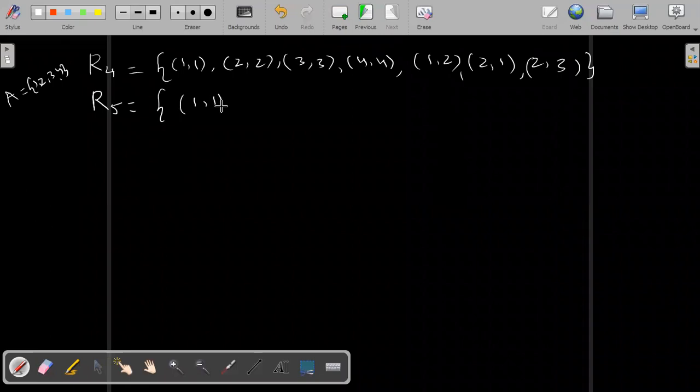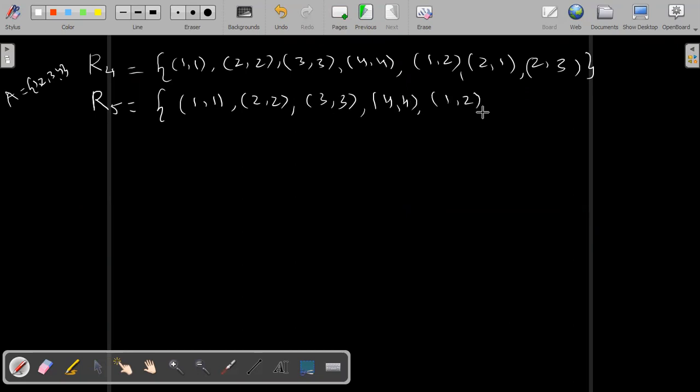(1,1), (2,2), (3,3), (4,4), (3,3) and (4,4), but (1,2) is also there. So R5, R6. R6 is having the elements (1,1).